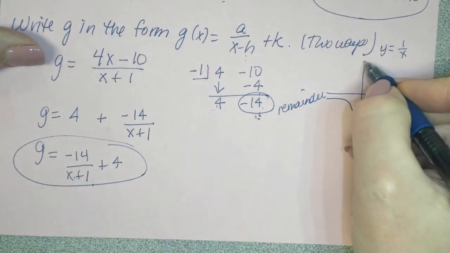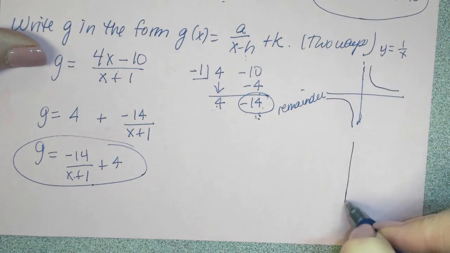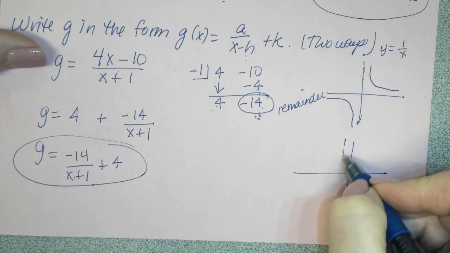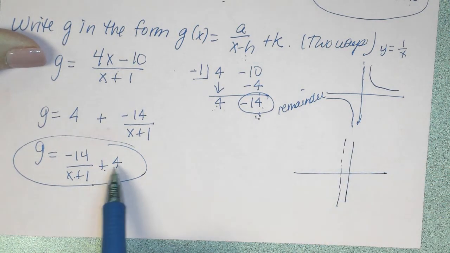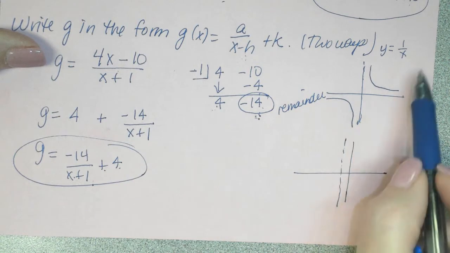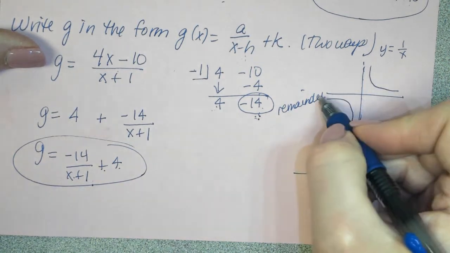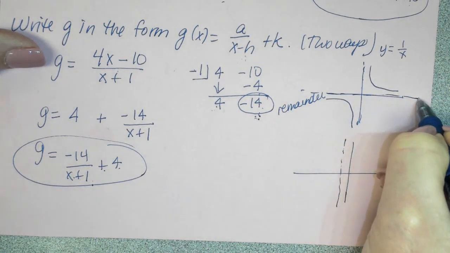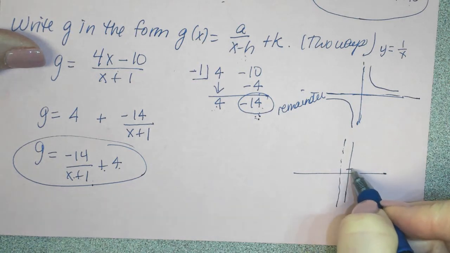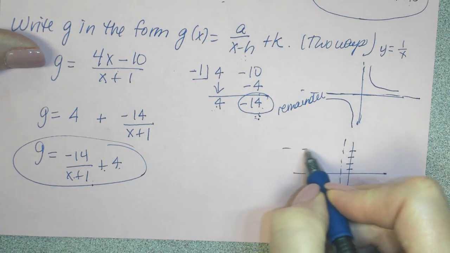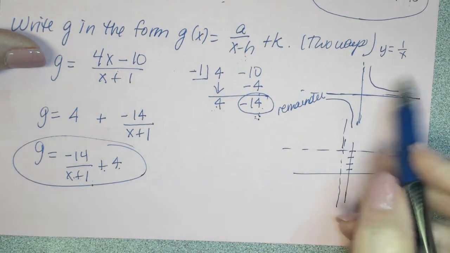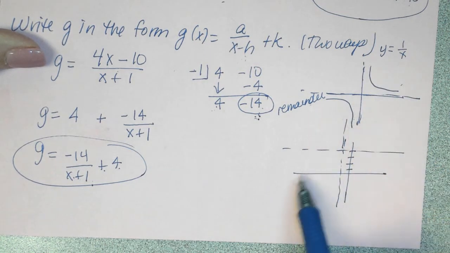So now instead of having this asymptote here, it's going to be at negative 1. What's a plus 4 do? Shifts it up 4. So we used to have this horizontal asymptote there, but now it's going to be shifted up 4. So it's going to kind of look like this and this.